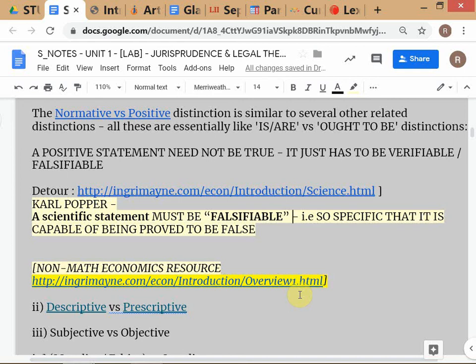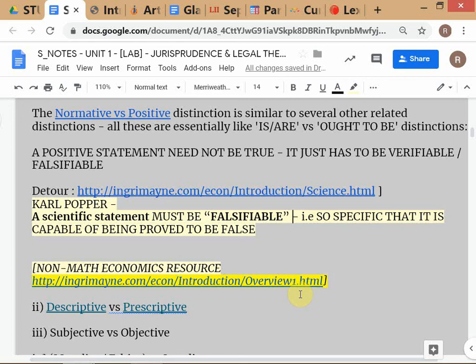It is capable of being proved to be false, right? It's a specific statement. You can take a section of the moon. It doesn't have to be technologically possible; it just should be theoretically possible. You can cut off a section of the moon, you can send Hanumanji there, he can cut off a section, and you can see that it is not made of green cheese. Is this clear?